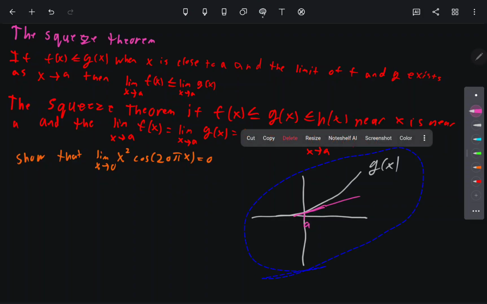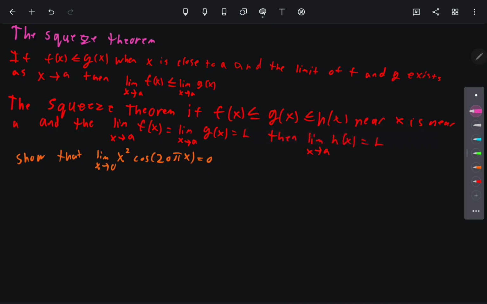Continuing on, the squeeze theorem is basically supposing that we have 3 functions, and g of x is sitting in the middle. It's kind of like a sandwich. And all 3 of these limits exist.